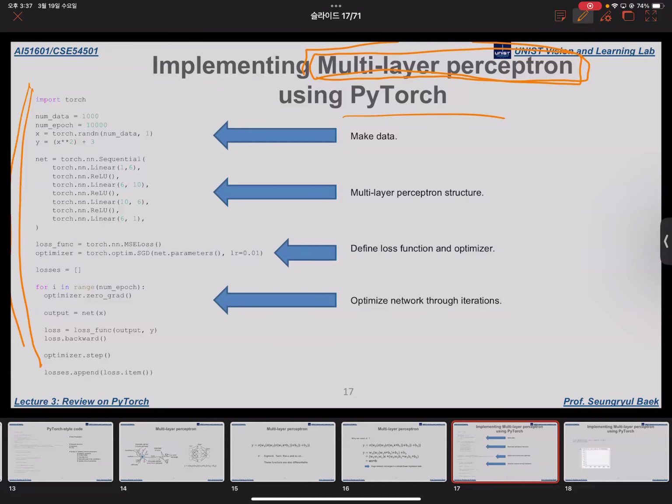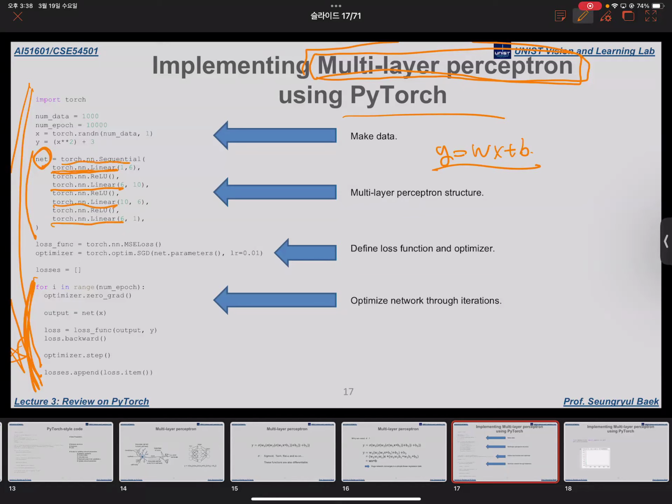Okay, so this is the total code to train these MLP layers, and you can see that these 5 lines of code are the same as before. I mean, same as the linear regression case. The thing you have to change is just the architecture now. So I already told you that this torch.nn.Linear is denoting the simple linear equation like this, okay? We now have multiple linear layers inside.